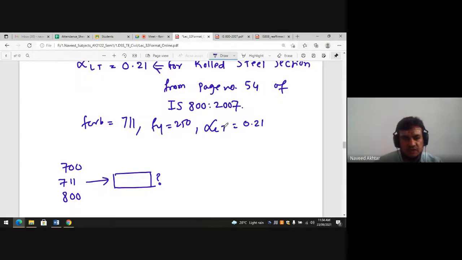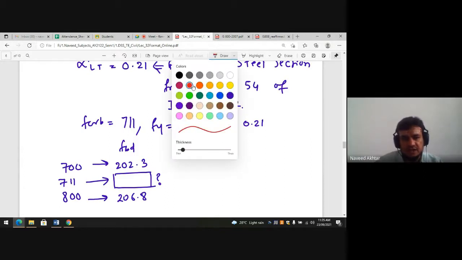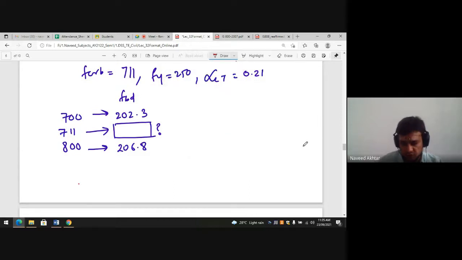So the value is given for 700, 202.3, and for 800, 206.8. So FBD you have to find out. This FBD for 700 is given, for 800 is given, and this you have to find out. So again, by doing the interpolation, you can find out.